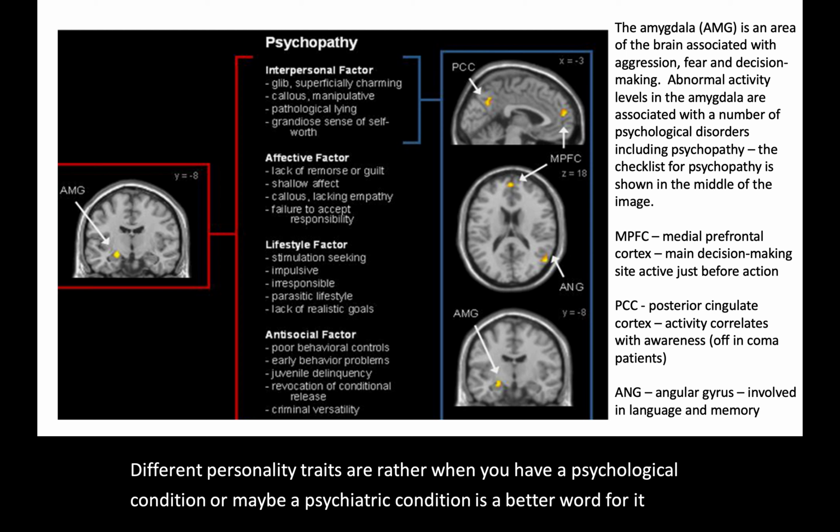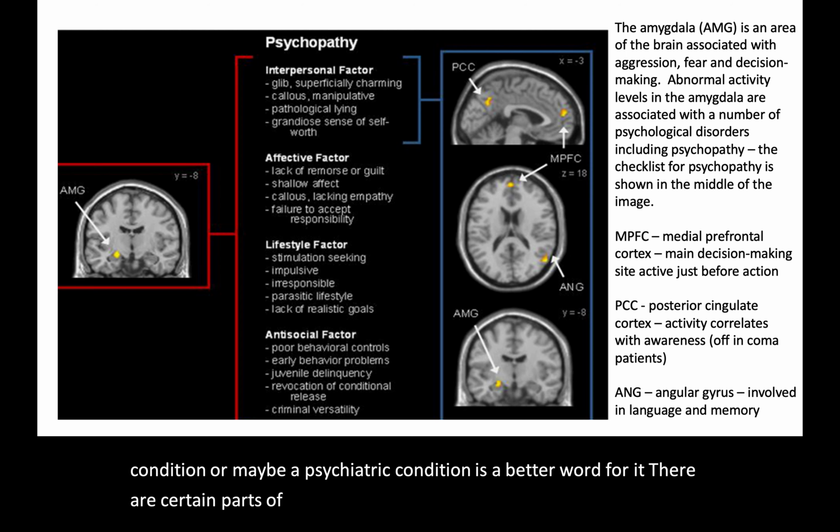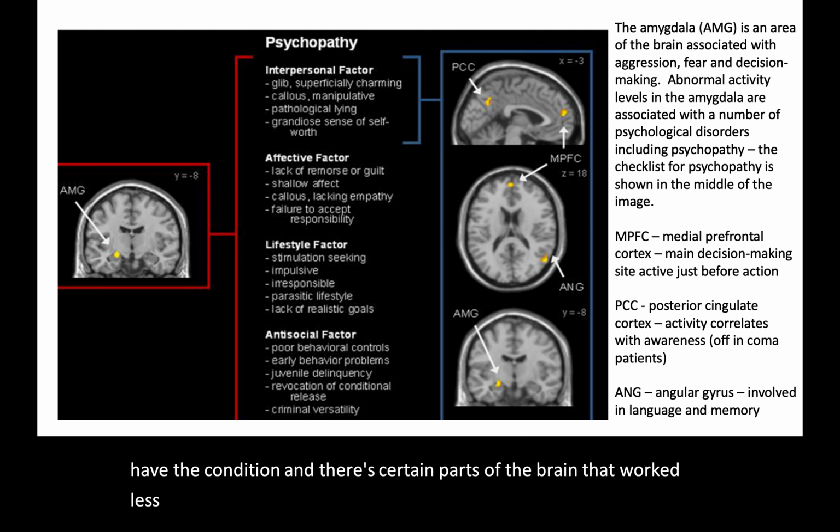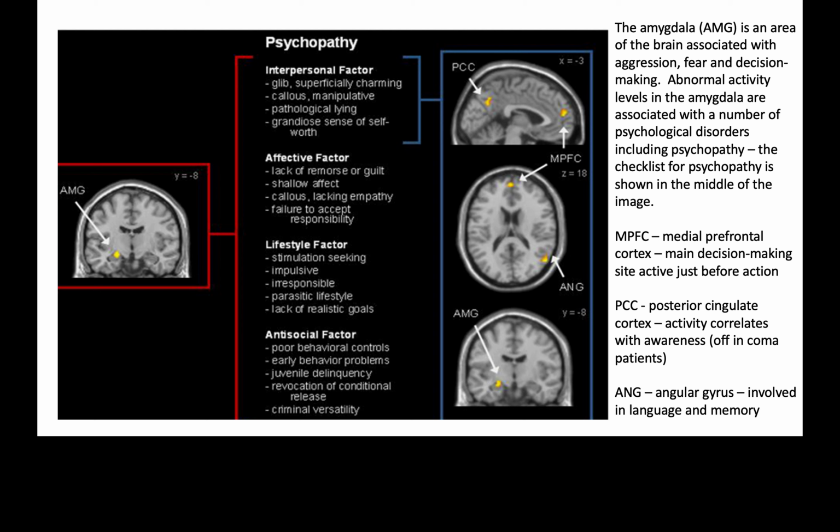There are certain parts of the brain that work more than in people that do not have the condition, and there are certain parts that work less than in those people. So really, it's not like a definite line between, for example, psychopath and regular person. There are various sliding scales and various ways, and everybody's a little bit different, which is kind of interesting as well.